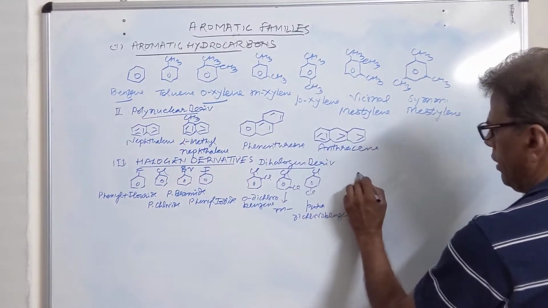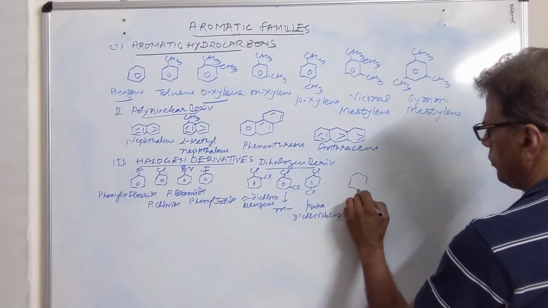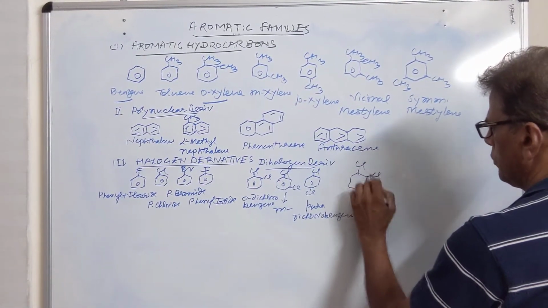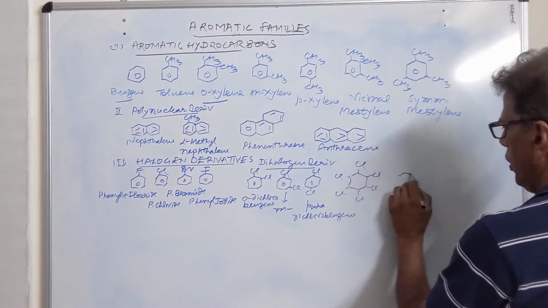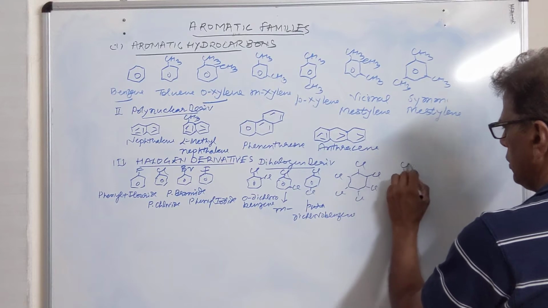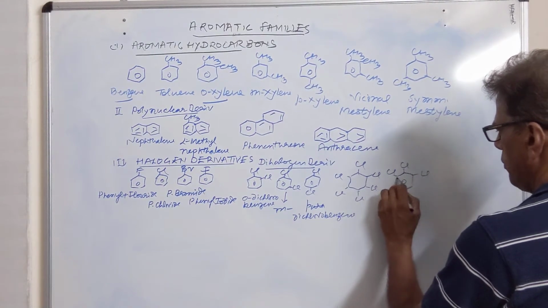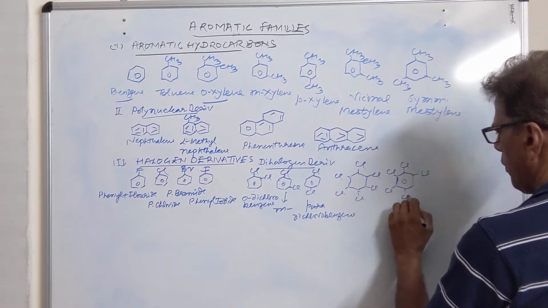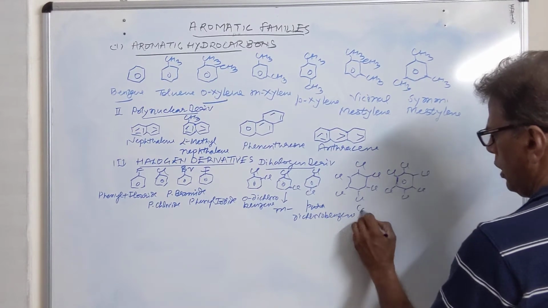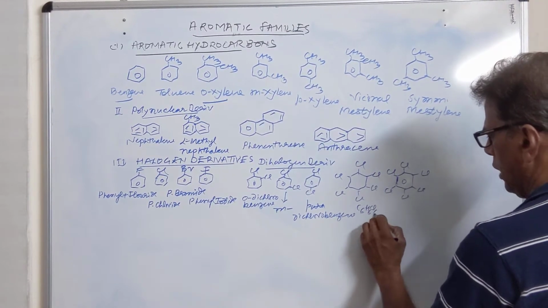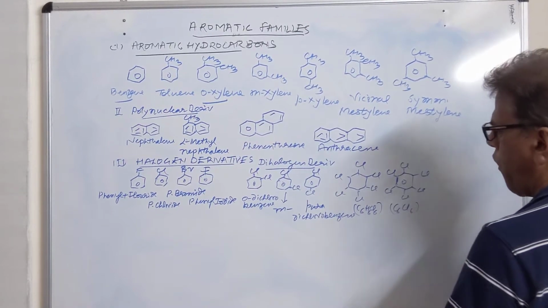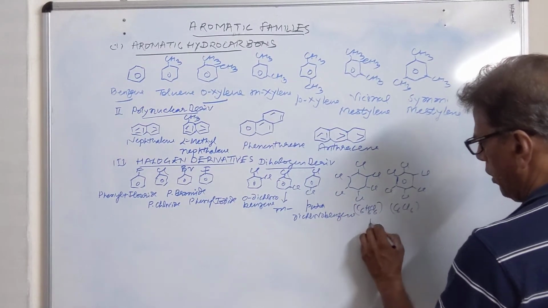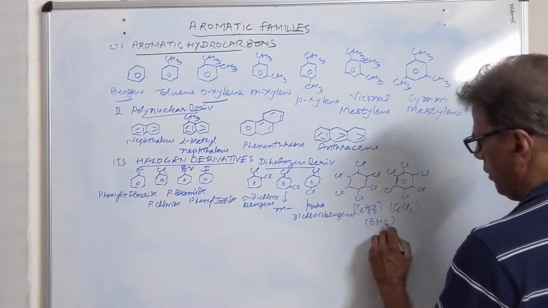Then we have hexa derivatives. There are two hexa derivatives. One is this system, another is derivative of benzene. They have formula C6H6Cl6 and C6Cl6. They are collectively called as BHC, benzene hexachloride.